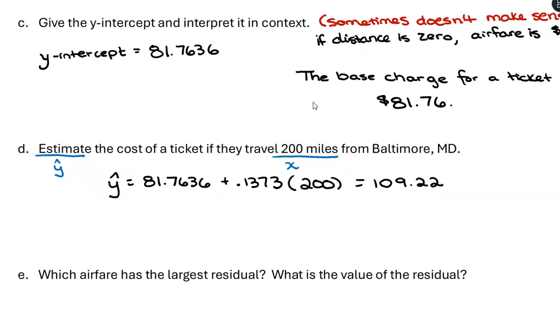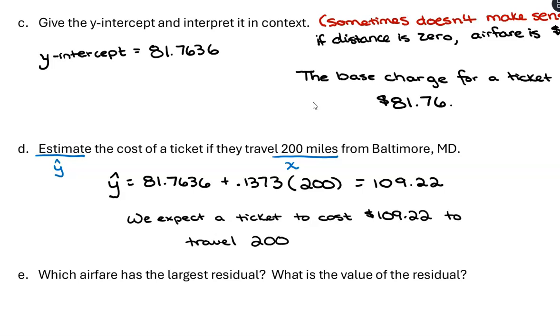Okay, so making a sentence: we expect a ticket to cost $109.22 to travel 200 miles from Baltimore, Maryland.